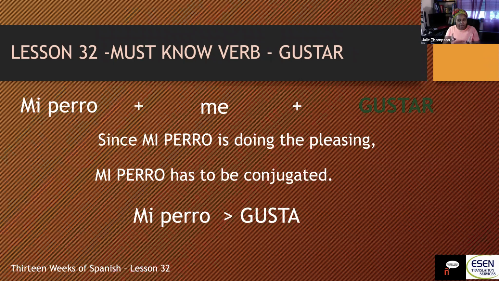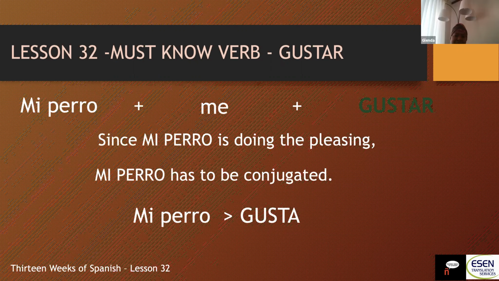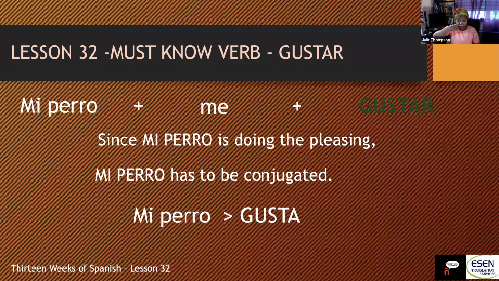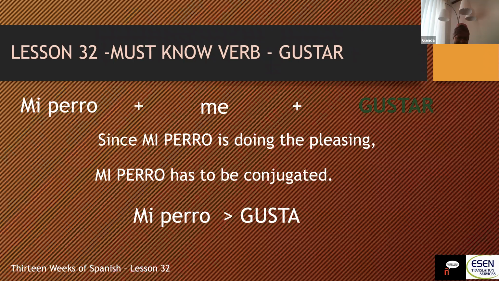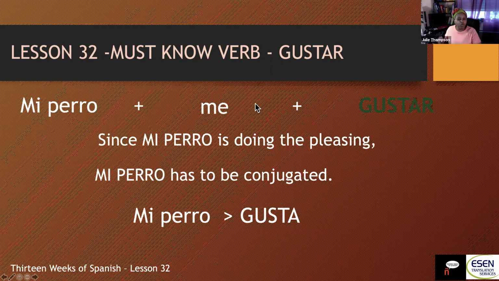So, mi perro gusta. We need to conjugate gustar as gusta because mi perro is not me, it's not I. Makes sense so far? Yes. Okay. Which is why we don't say gusto.